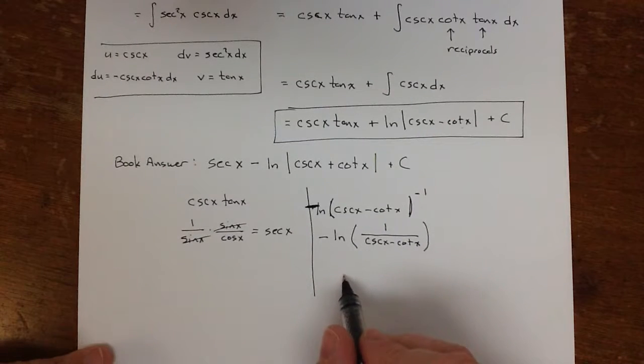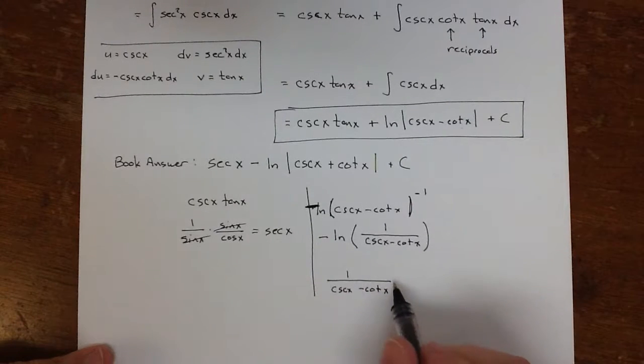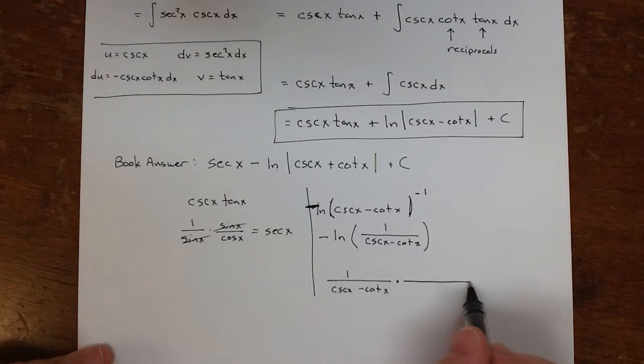So it'd be nice to get rid of this denominator. So I'm going to multiply over here by cosecant x plus cotan x on top and bottom.